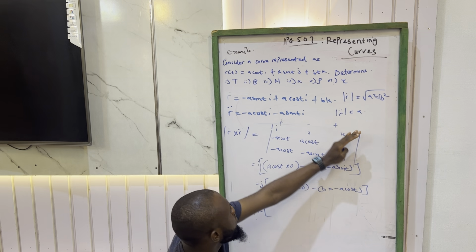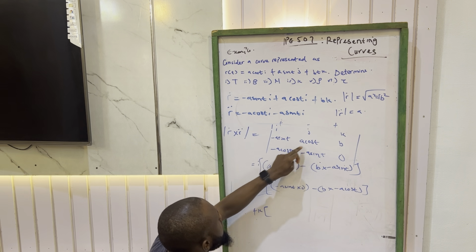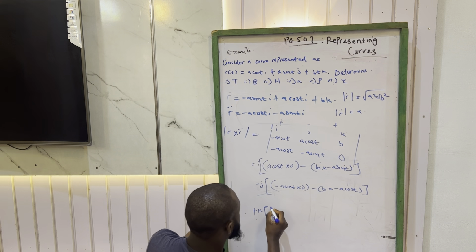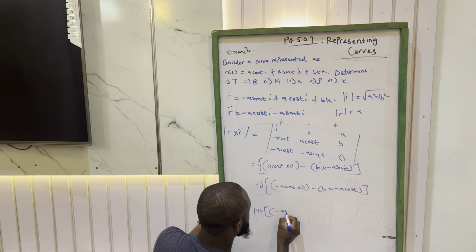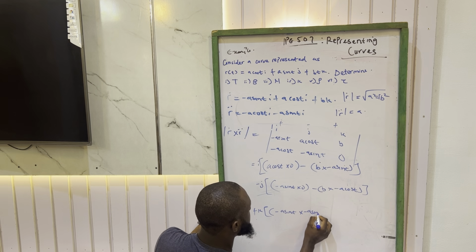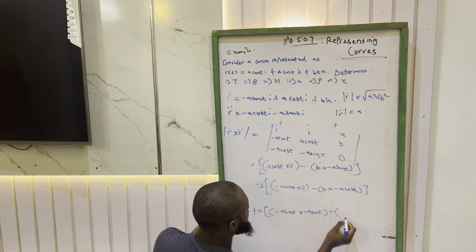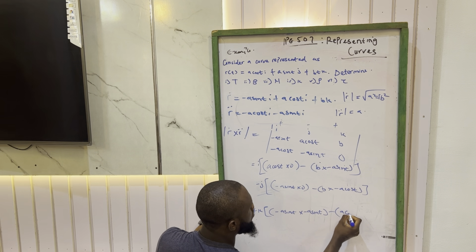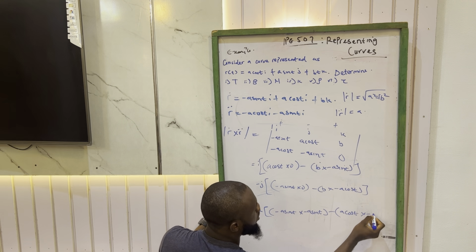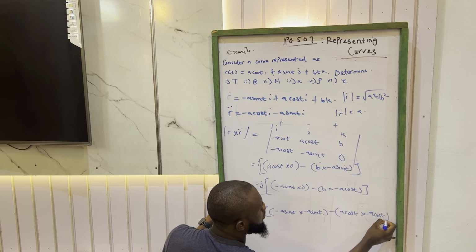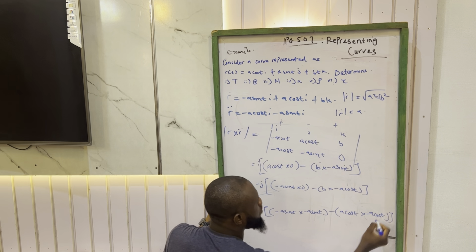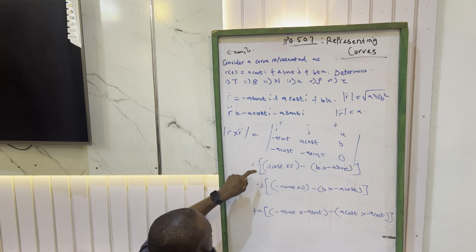So we cover this and we are left with this. So that's minus a sin t times minus a sin t, minus open bracket a cos t times minus a cos t.